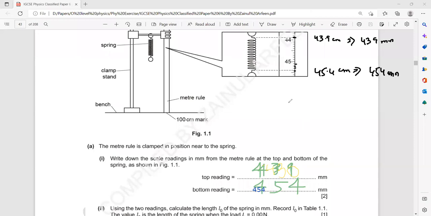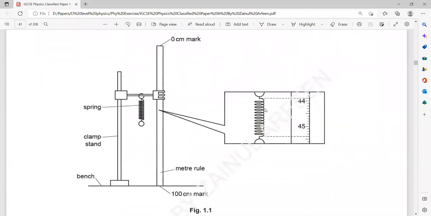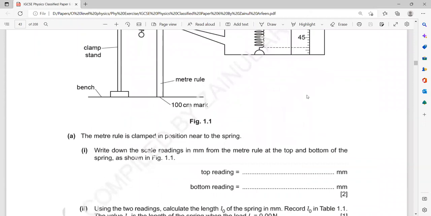So the two values are correct. Yes, every mark is 0.1 centimeter. By mistake I just thought it's written as 45, 46, but because between 44 and 45 there are 10 marks, each mark is 0.1 centimeter, or 1 millimeter, you can also say.